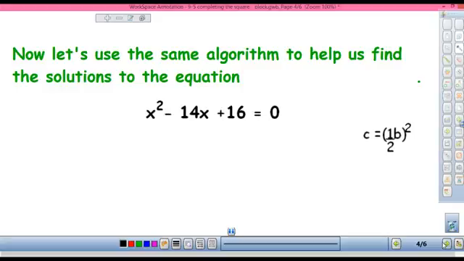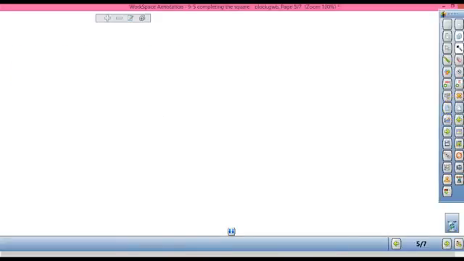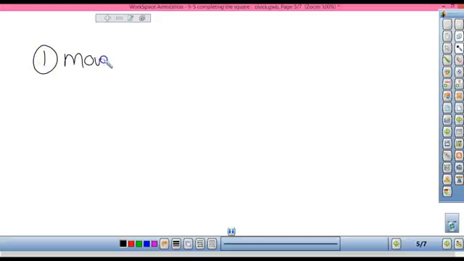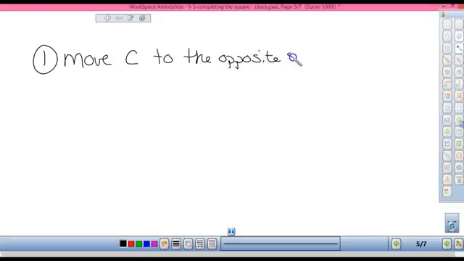All right, step number 1 is we are going to move the c that we have to the opposite side of the equal sign. Okay, get these steps down, write these steps down.